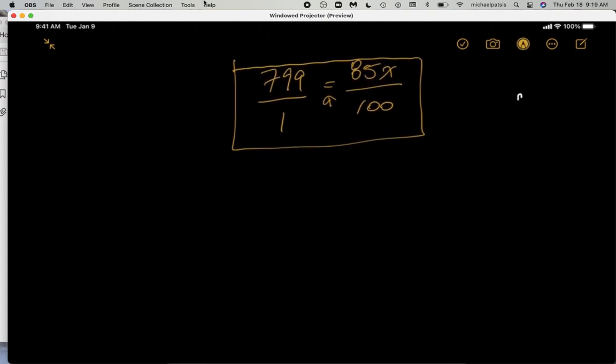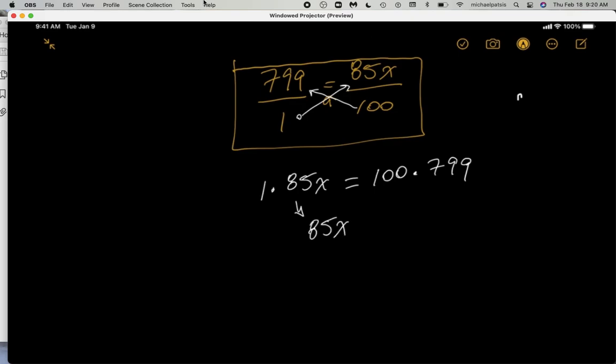When we do that, we're going to multiply 1 times 85x. We're going to put the all-important equal sign in between, and then we're going to do 100 times 799. Now, this stays as 85x.